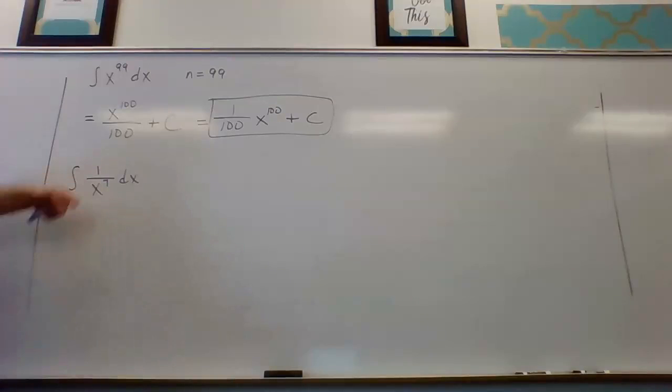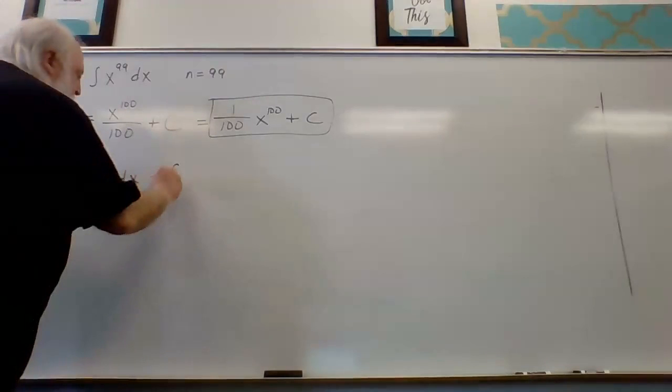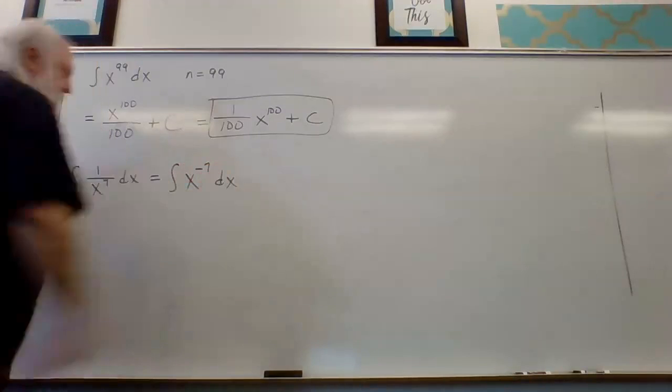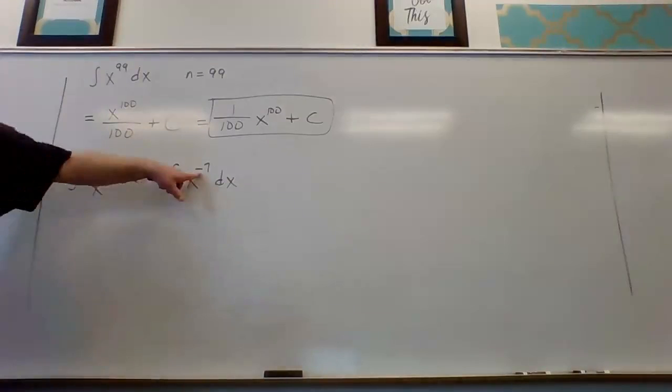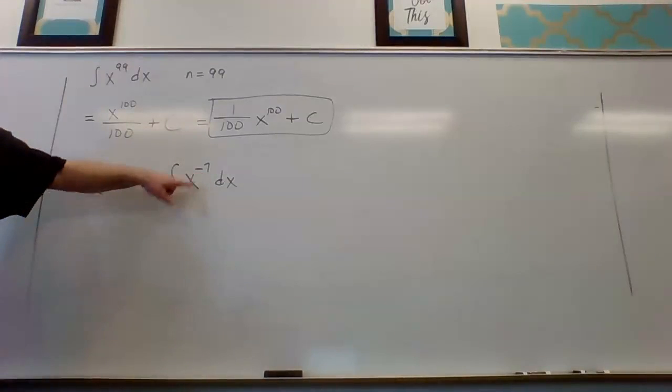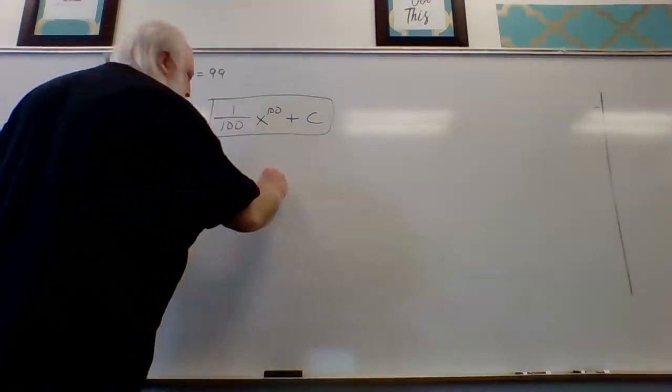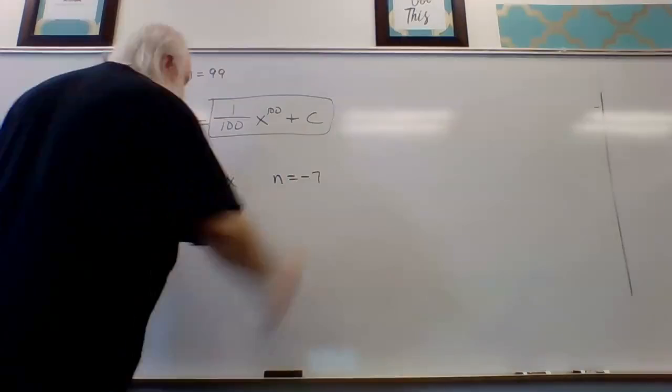We have to rewrite 1 over x to the 7th. And 1 over x to the 7th is the same as x to the minus 7th. Remember, the minus sign in the exponent means reciprocal. So x to the minus 7th is the same as 1 over x to the plus 7. And now you can see n is equal to -7 in this case.